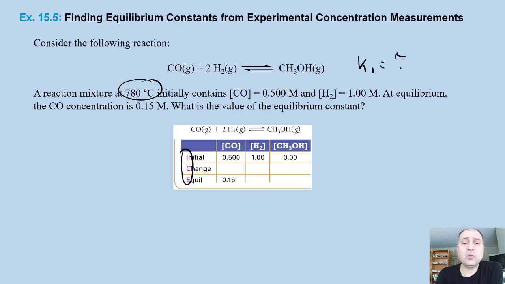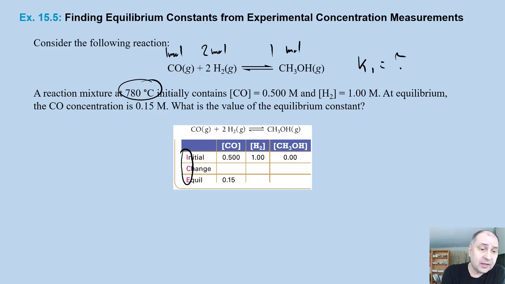And so what we use to do that are just the balanced stoichiometry factors, right? Because we know there's 1 mole of carbon monoxide reacting with 2 moles of hydrogen gas forming 1 mole of methanol. And that's important because we know that for every 1 mole of carbon monoxide that reacts, we need to consume 2 moles of hydrogen, and then 1 mole is produced.